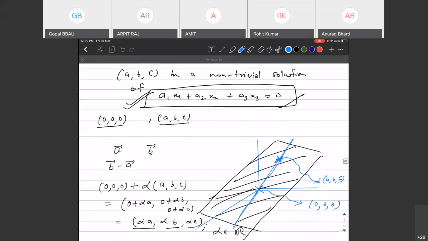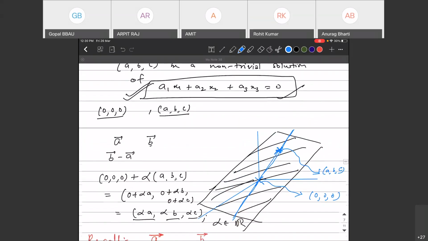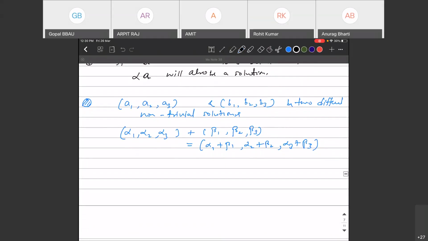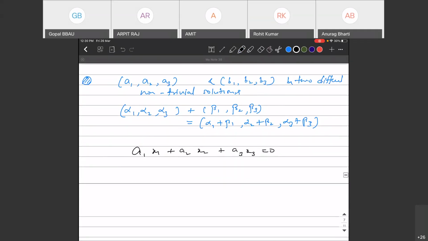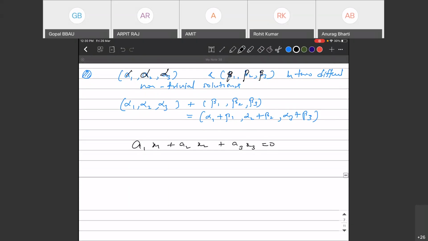Now let's see this equation: A1 x1, A2 x2, A3 x3 equal to 0. If this was alpha 1, alpha 2, alpha 3 and beta 1, beta 2, beta 3, these are two solutions.